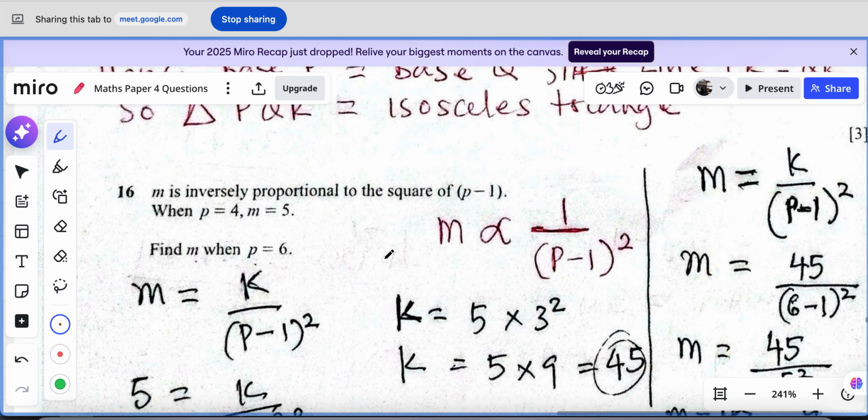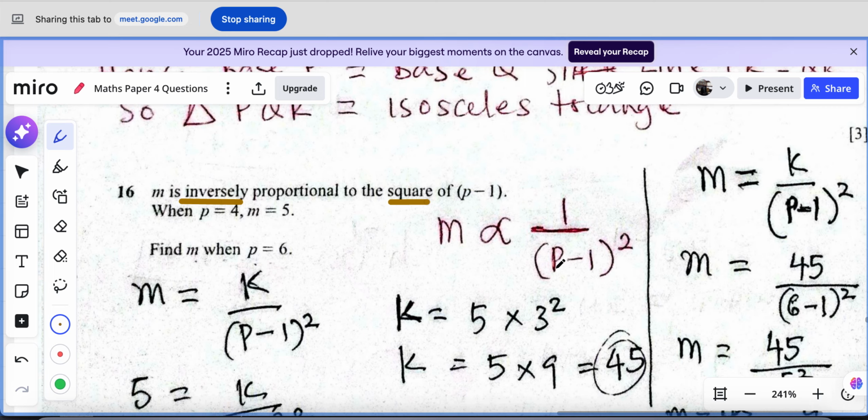So the first thing we say, m is inversely, you write m, you write the symbol of variation to 1 over, because once you say it's inversely proportional, then it will be 1 over p minus 1 squared, because they say the square of it.